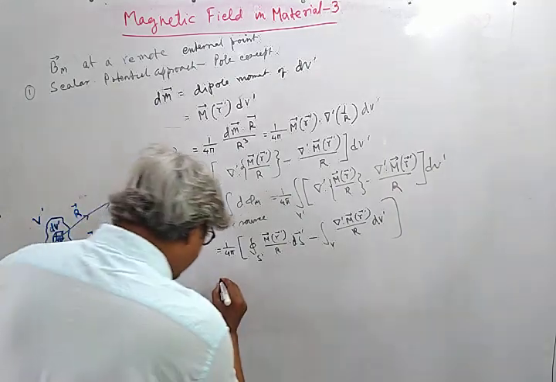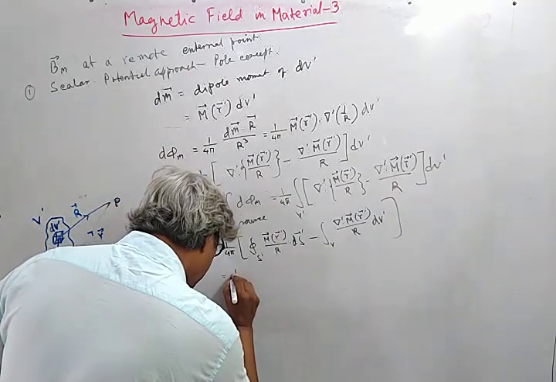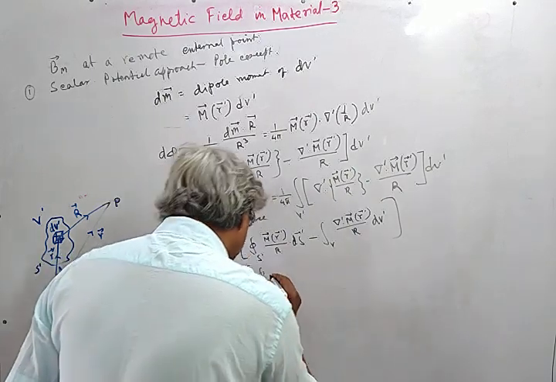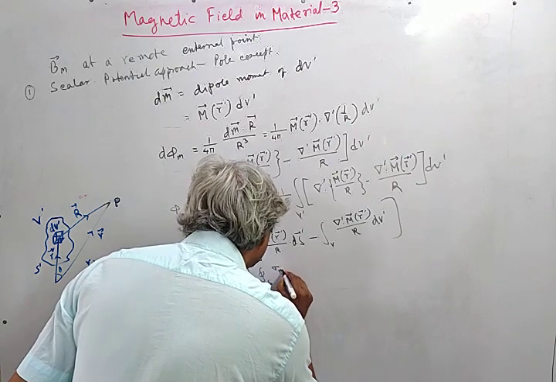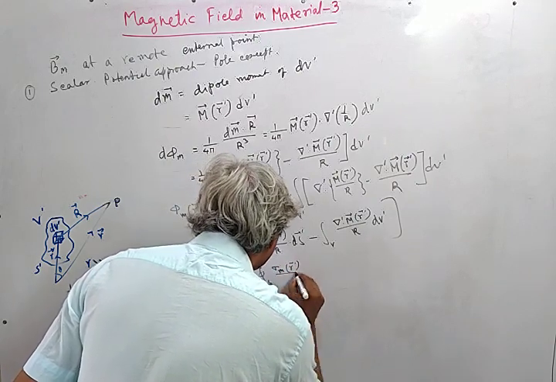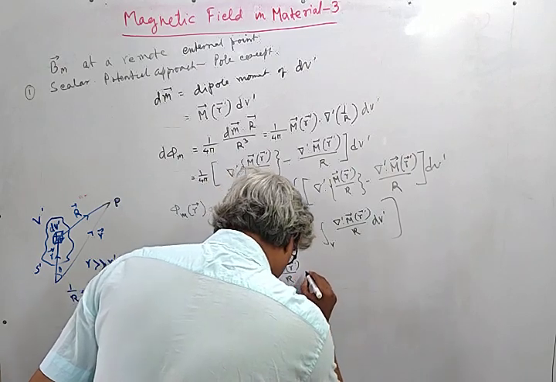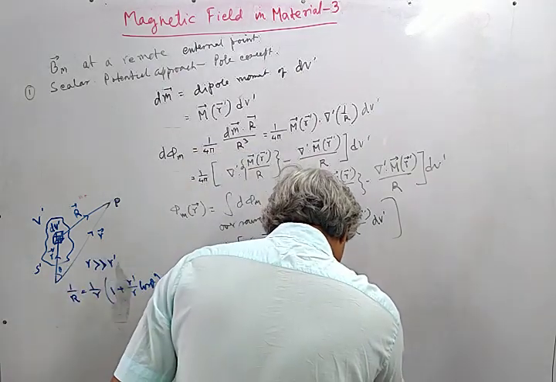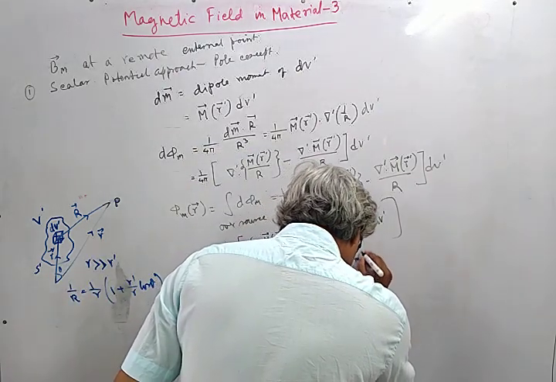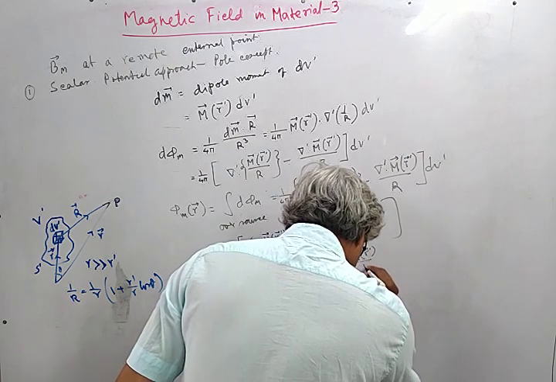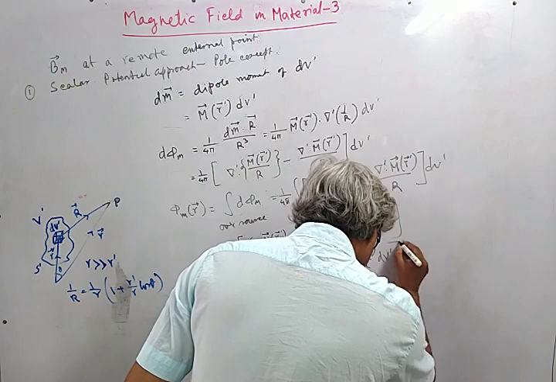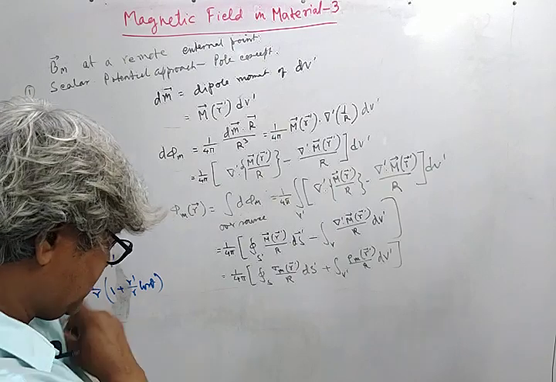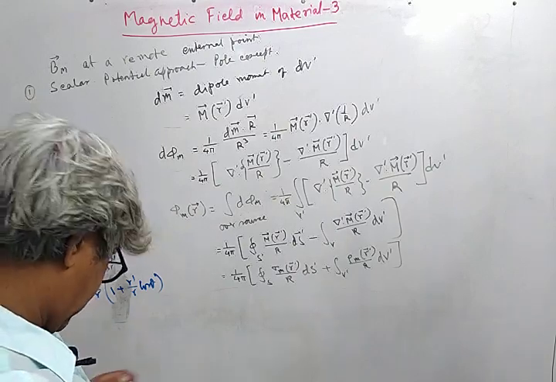We can write it as scalar, where we have introduced the magnetization pole densities.